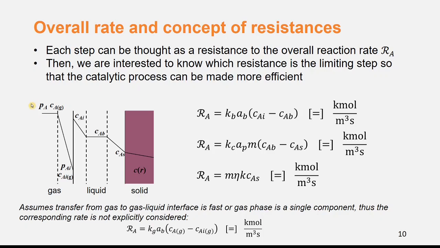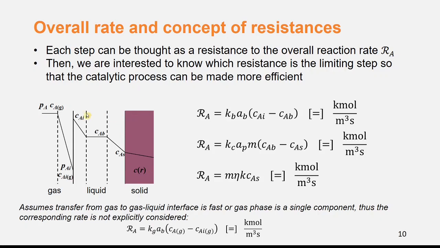A schematic of the concentration of A as it goes from the gas phase into the solid is shown here. This is the gas phase, this is the liquid phase, and this is the solid phase.